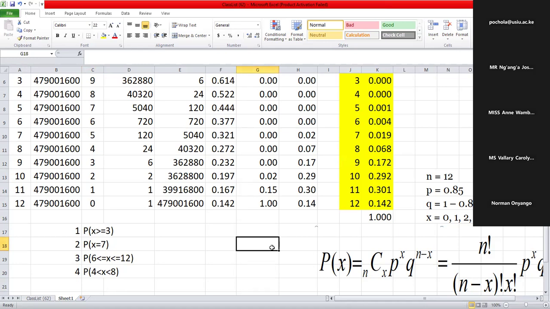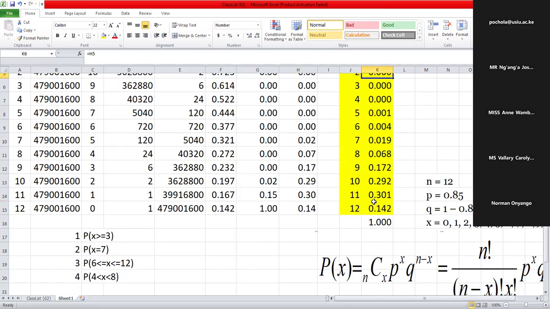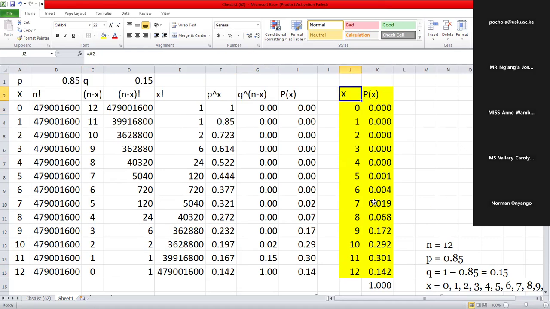Next, note also number 2, that from the probability distribution table, one can derive what is called cumulative probability distribution tables.